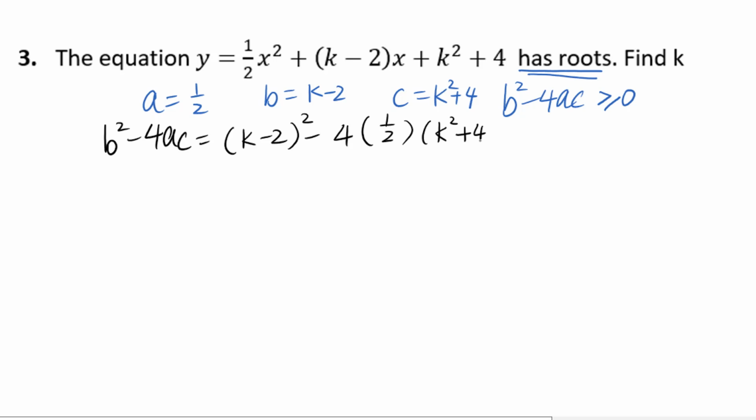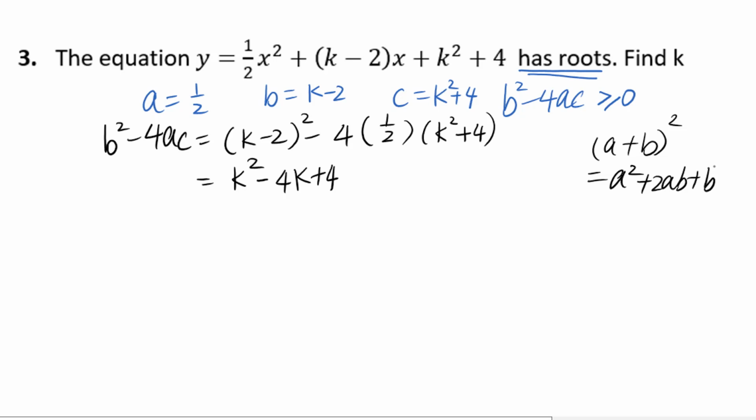plus 4). (k minus 2) squared will be k squared minus 4k plus 4, because (a plus b) squared equals a squared plus 2ab plus b squared. Then negative 4 times 1/2 will be negative 2, times (k squared plus 4).